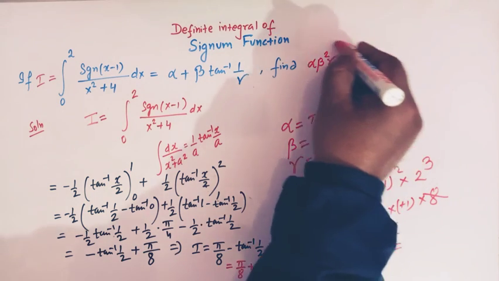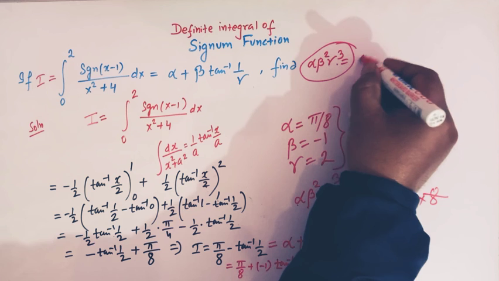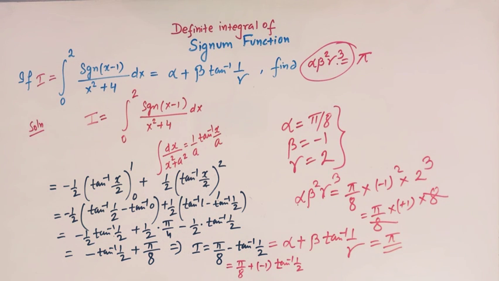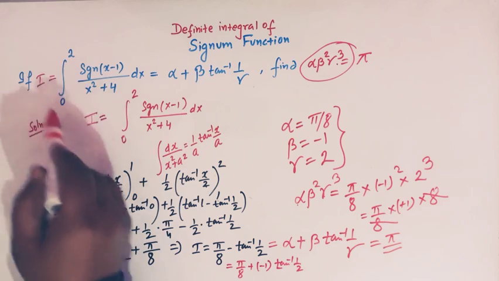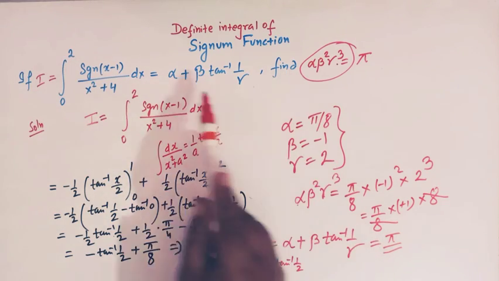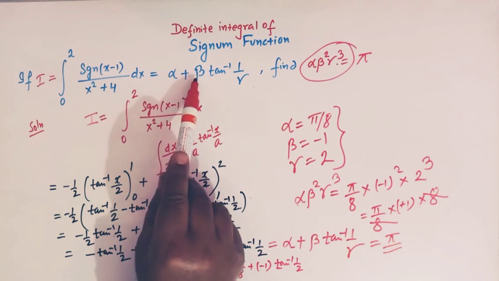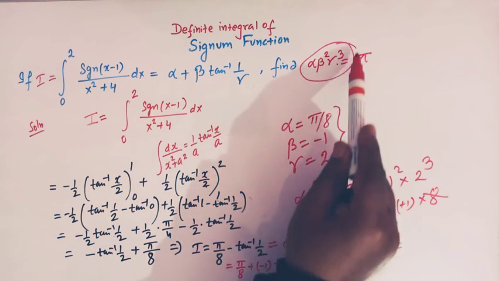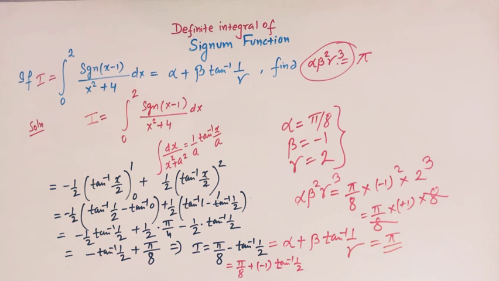So viewers, the value of this expression is equal to pi, right? So viewers, in this class, we have learned how to solve this integral and how to find the values of alpha, beta and gamma to get the value of this expression, right?